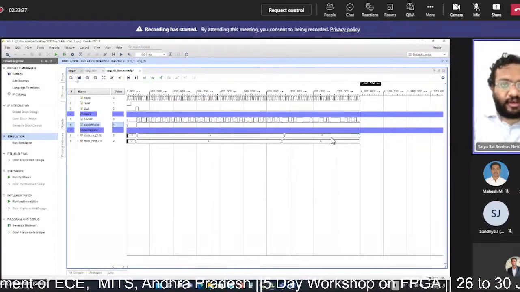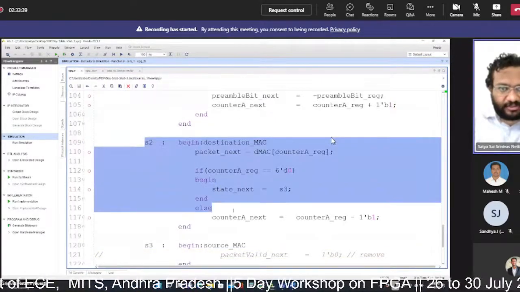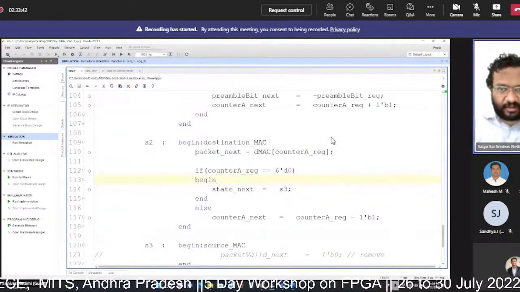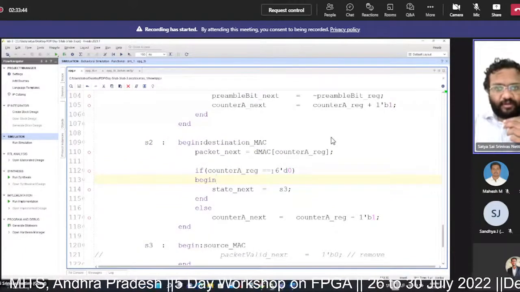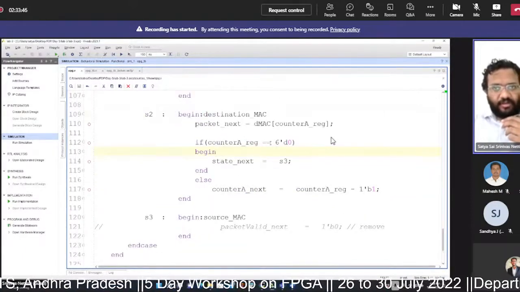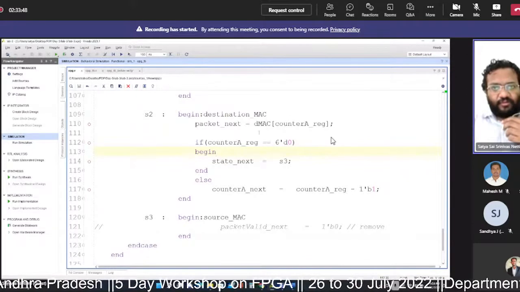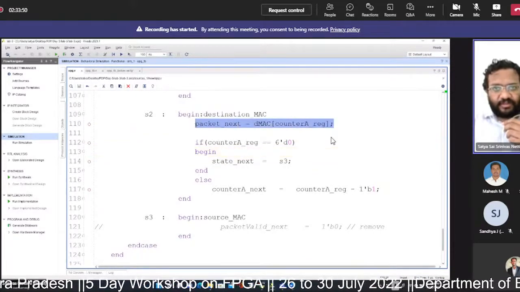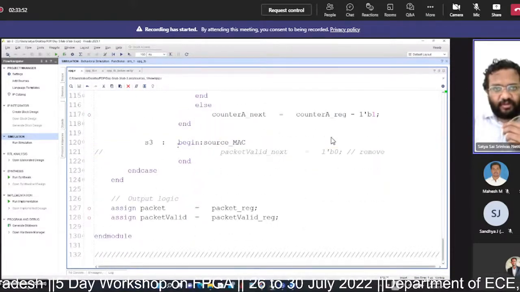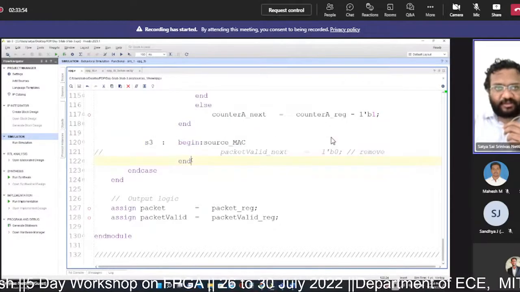Yeah. After switching, because while in the S2 state, still there is one last leftover bit available, right? That bit, the last leftover bit, will come only when the FSM is in the S3 state.